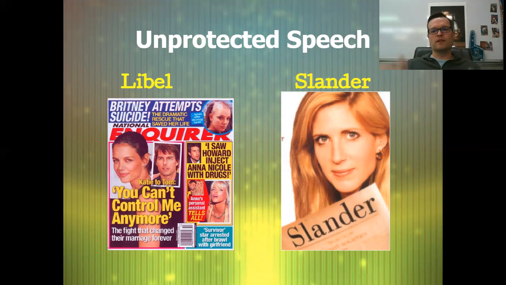I remember that was a big one that came out a few years ago. They can get away with it because a lot of times it doesn't damage the person's reputation. That is probably the key part of it.